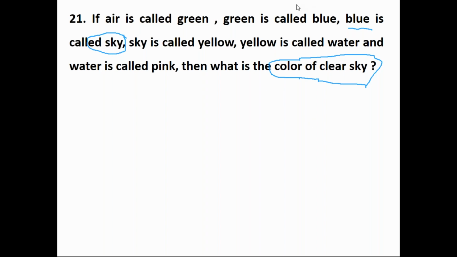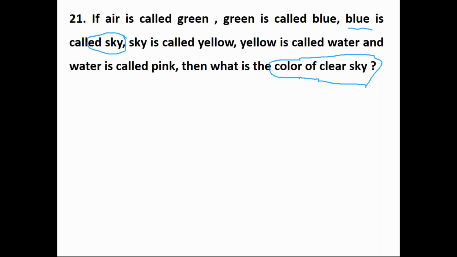Many of you, and your friends from the previous batches, also get confused by this example. Be careful. Generally, the answer for the color of sky is blue, but your blue substitute is sky. So any doubt up to that?